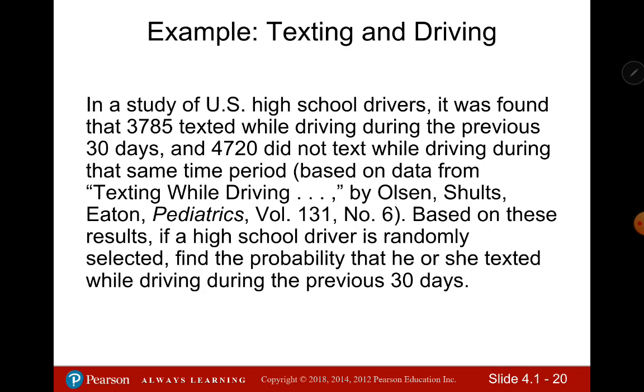But when we go back to check, we have this number, 3785 texted while driving. And we also know 4720 did not. We want to know the probability, right? The probability of texting while driving. So texting while driving is our event A.